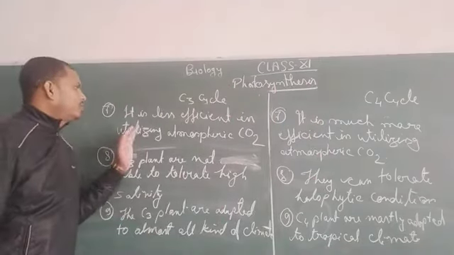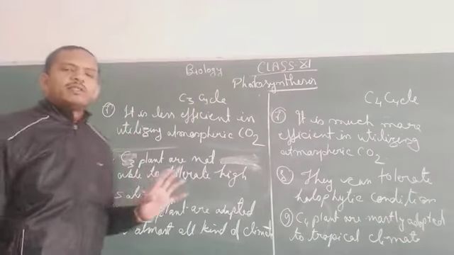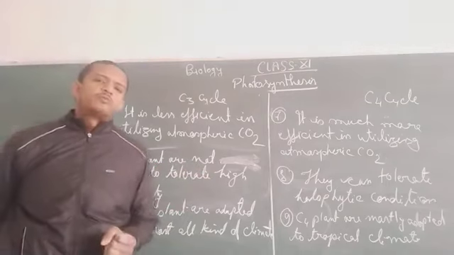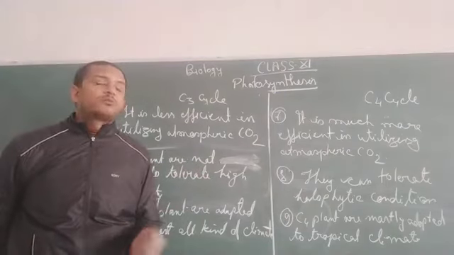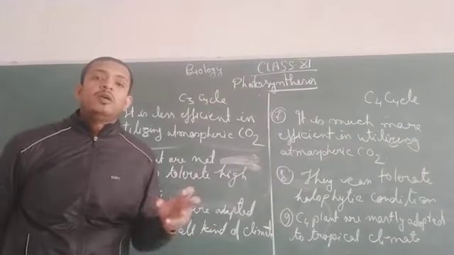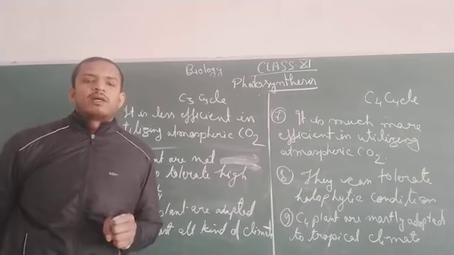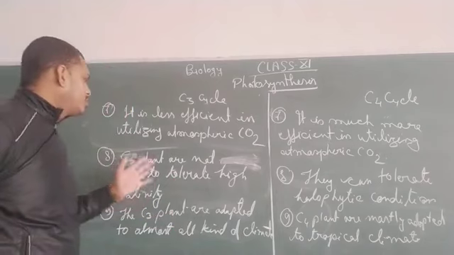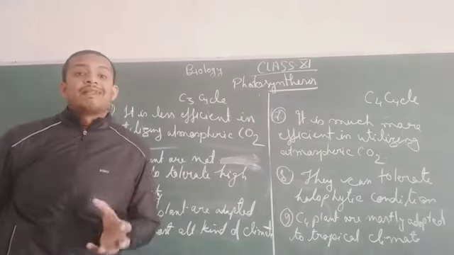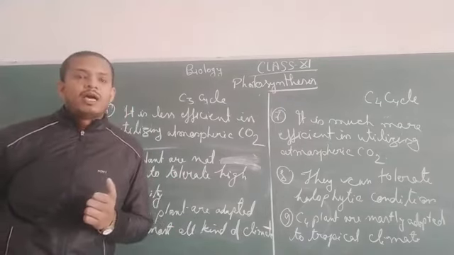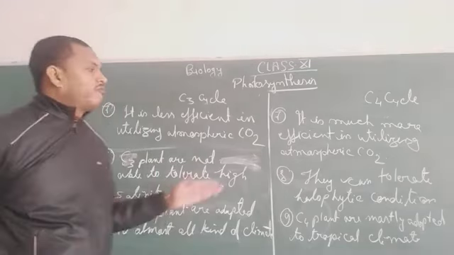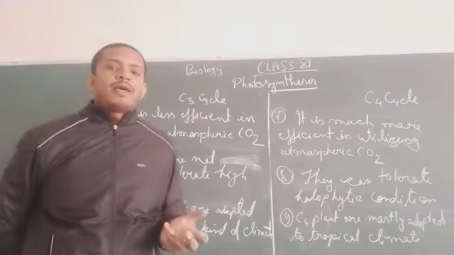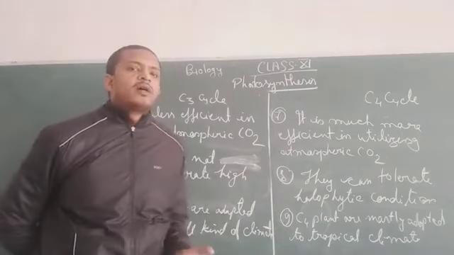So what I told you, C3 is less efficient in utilizing atmospheric carbon dioxide. When we talk about the consumption of carbon dioxide, C4 plants have more capability to consume atmospheric carbon dioxide when compared to C3 plants. Second point, C3 plants are not able to tolerate high salinity or halophytic condition, but C4 plants have good tolerance against halophytic conditions.